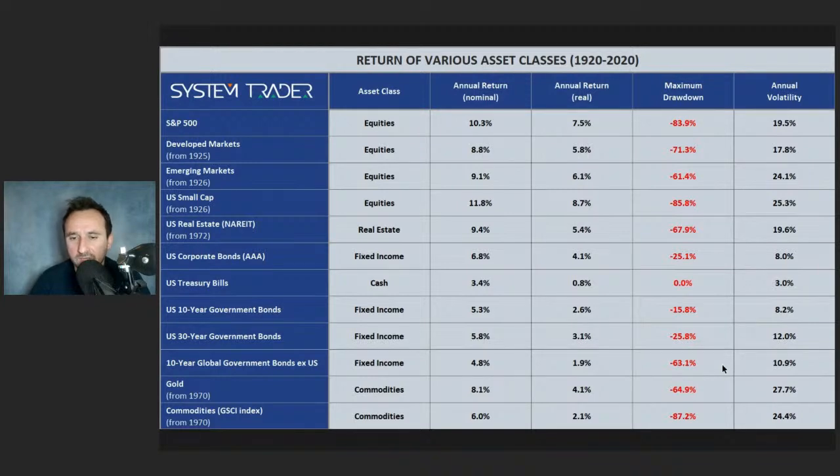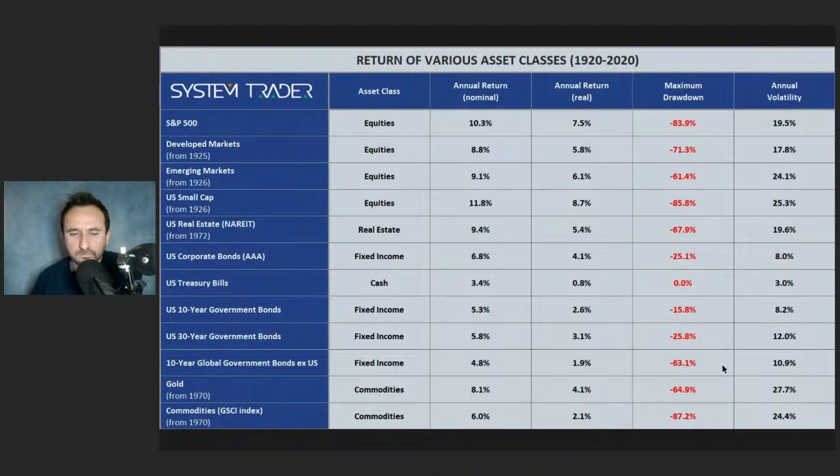Therefore, gold was behaving more like treasury bills. But for the last 50 years, from 1970, gold annual return in real terms was 4.1%, which is significantly less than, for example, American stocks.